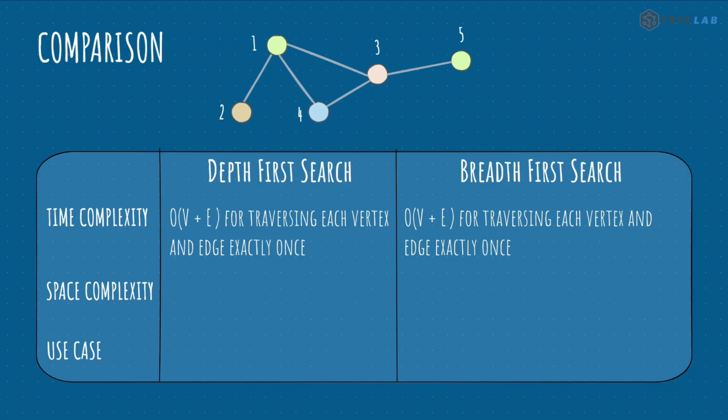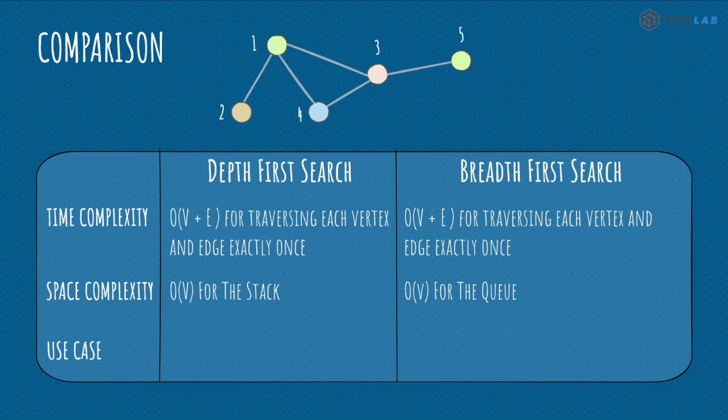Now, let's talk about space complexity. For DFS, it's big O of V, and this space is used by the recursion stack or an explicit stack if we use the iterative version, and the visited array as well. For breadth-first search, the space complexity is big O of V for the queue that stores the discovered nodes and the visited array as well.